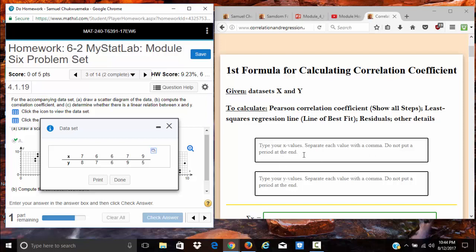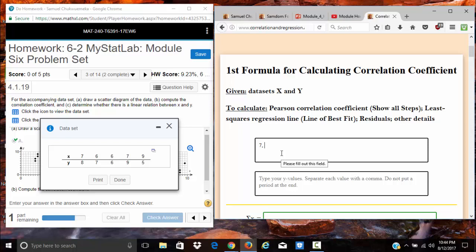Here it says type your X values, separate each value with a comma. Do not put a period at the end. Also, do not put a comma at the end. So I put 7, comma, and you can put a space if you like, before you type in the next number, or if you like, do not put a space.